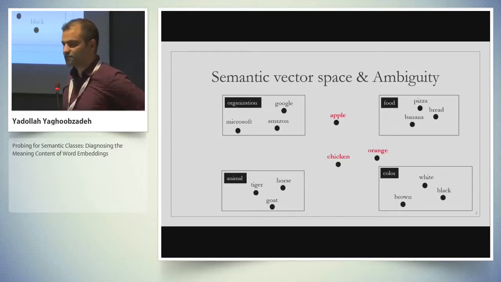So we have words like apple, chicken, orange, that belong to multiple semantic classes. For example, apple is an organization and food, or chicken is an animal and is also a food. So the question is how do these words actually locate in this semantic space?